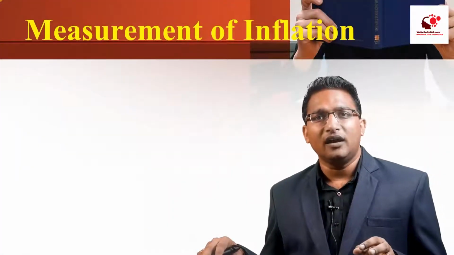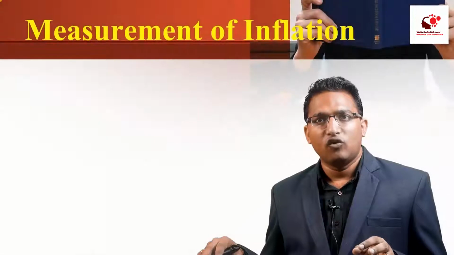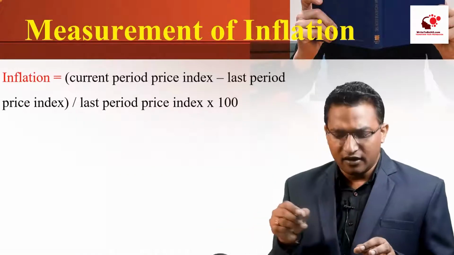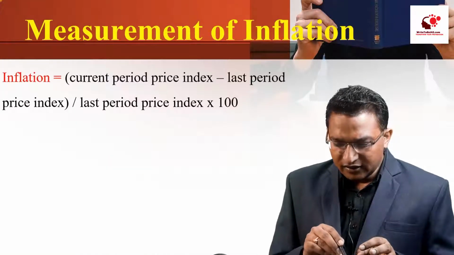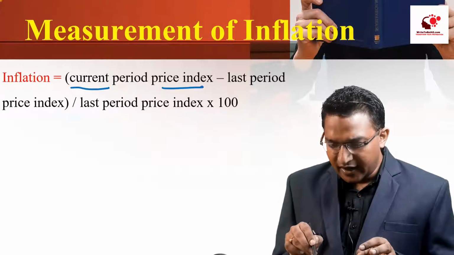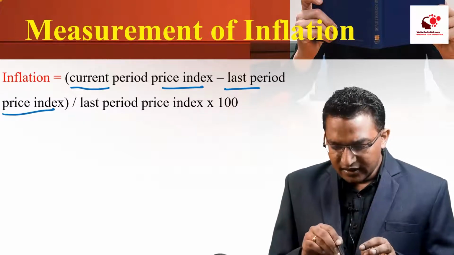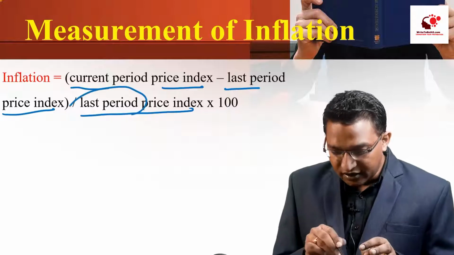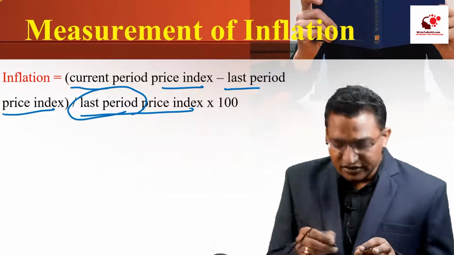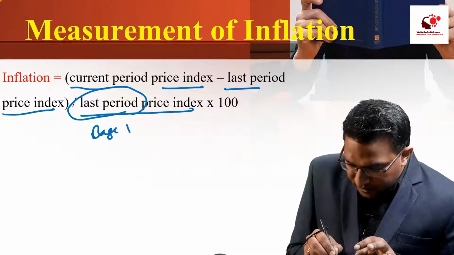Now how do we calculate the inflation? For calculation of inflation, we are taking the current price index and reducing the last year price index and dividing by the last period. Here, please keep in mind, this is not the base period.